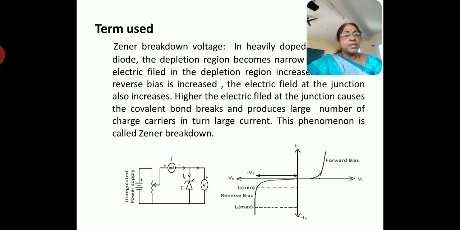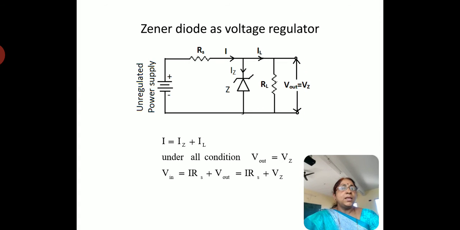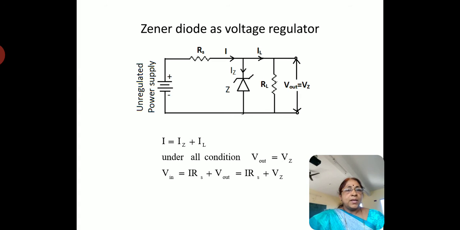But in the case of the Zener diode, with a small amount of voltage it gives a large current, that is, at the Zener breakdown voltage it gives a large current without the breaking of the diode, from the minimum current to the maximum current. So the Zener diode uses this principle.